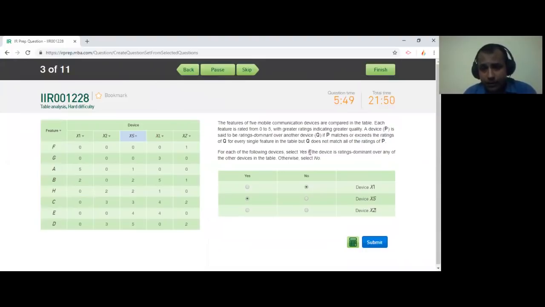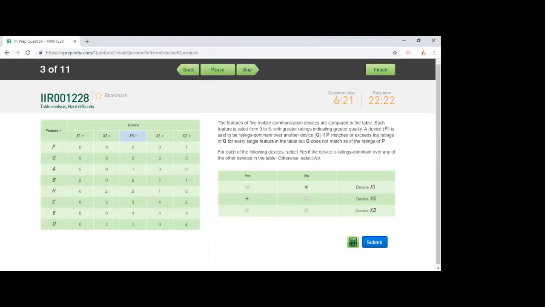For each of the following, select yes if the device is ratings dominant over any of the other, which means that at least one. Over any does not mean it needs to be dominant over all of the others. Understood. Over any of the other would imply any one of the other devices. Essentially, if one word was written over there, maybe it would have been more clear. But it's a hard problem, so he has made the language hard for you. All right, thanks, Jay.